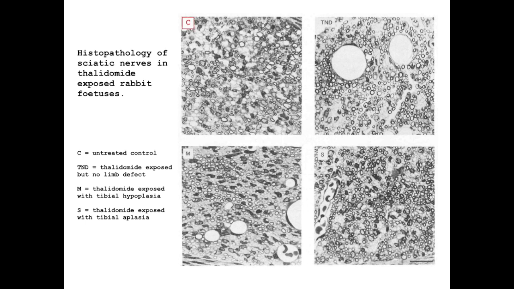C is for controls, S is for severely deformed, which had absence of the tibia radiologically, M was moderately deformed, who had tibial hypoplasia radiologically, and TND, thalidomide-treated but not deformed littermates, who were radiologically normal in all respects.